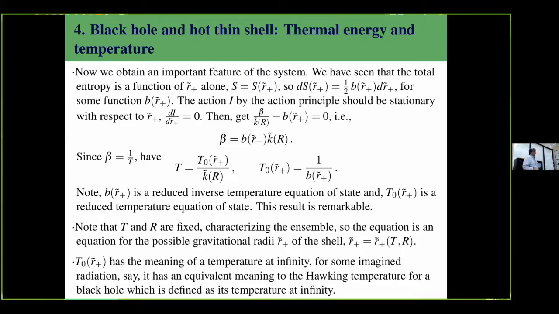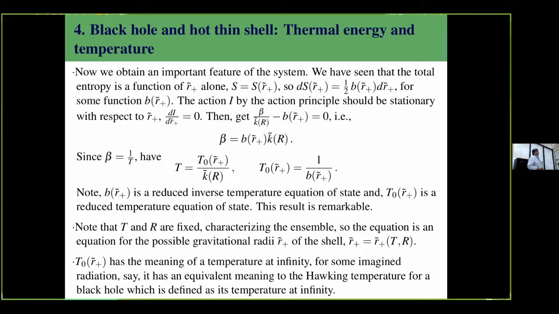So it gives an equation for the possible gravitational radii R plus tilde of the shell. So R plus tilde is a function for each T and R is a function given here.